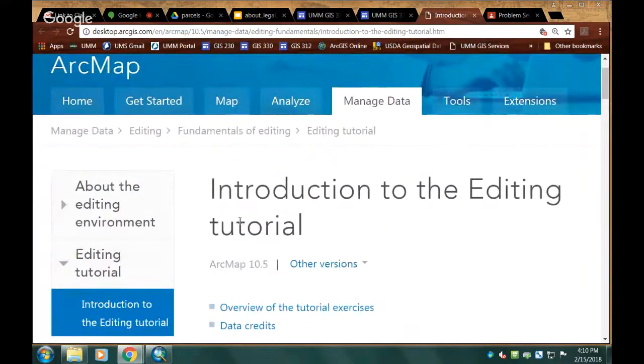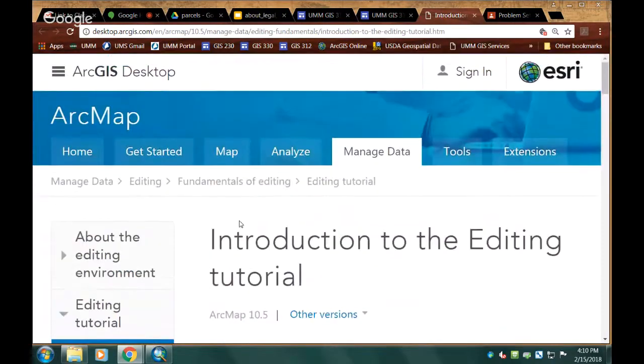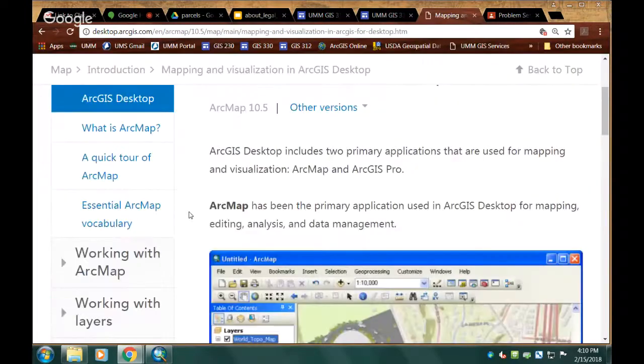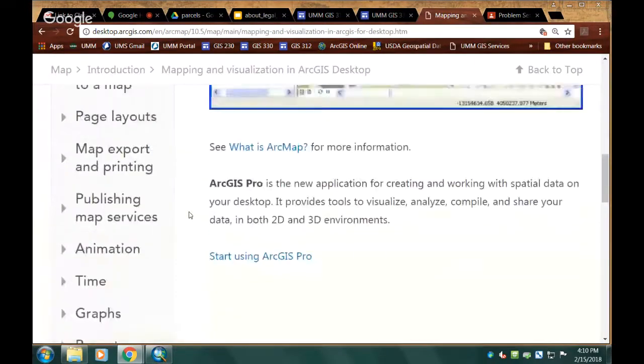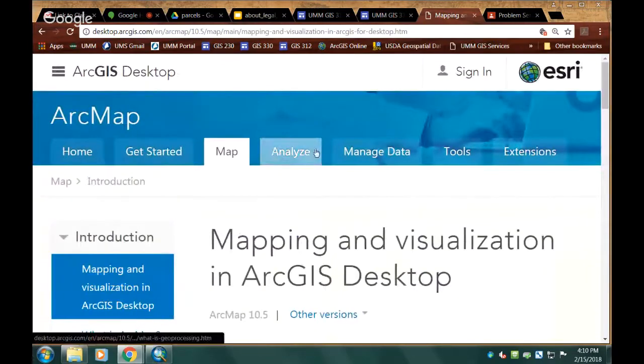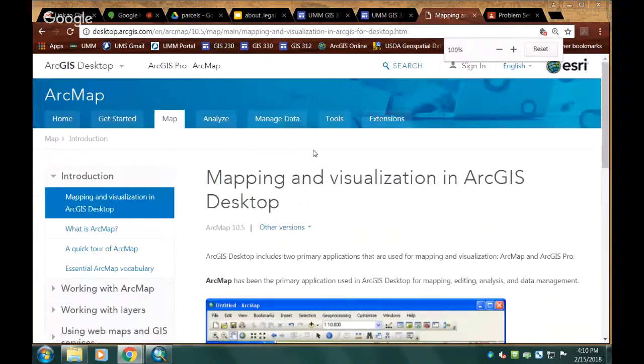The way these tutorials work is you can download all the data for all the tutorials, but there's a whole bunch of tutorials. If you go to any part of ArcMap, there's often, I don't even know how to find them. But anyway, there's a whole bunch of tutorials in the help website, and the data for them is downloadable.